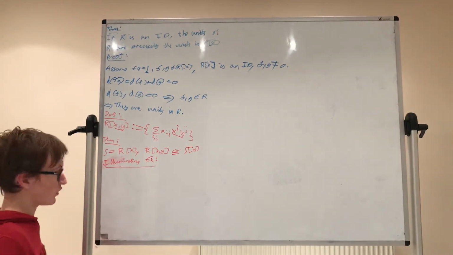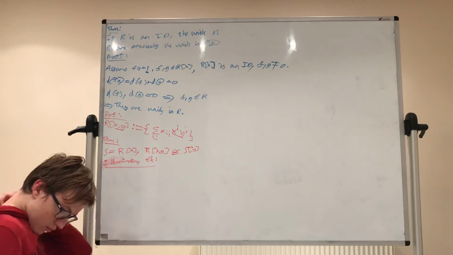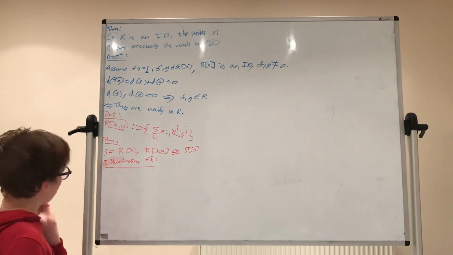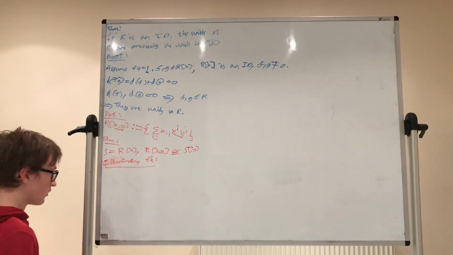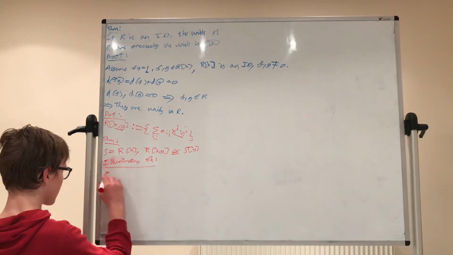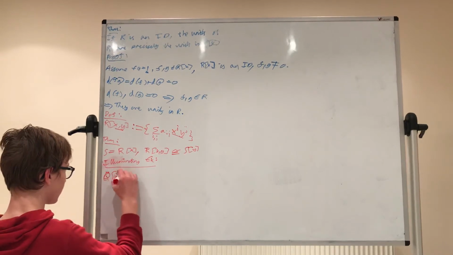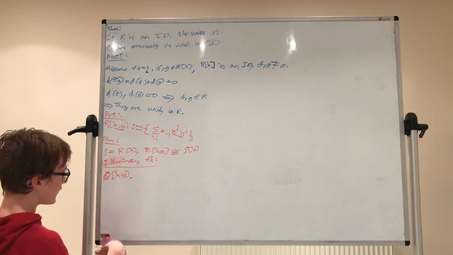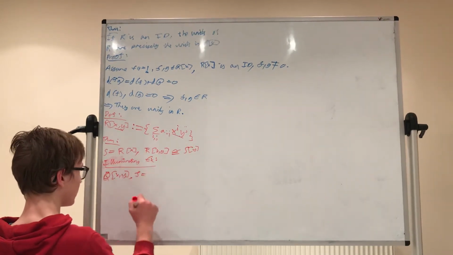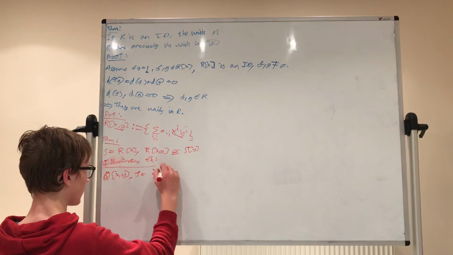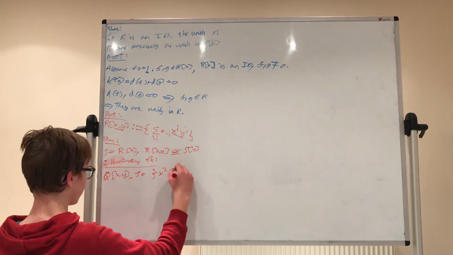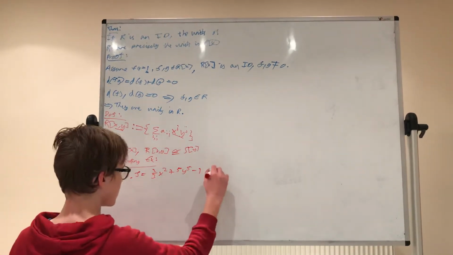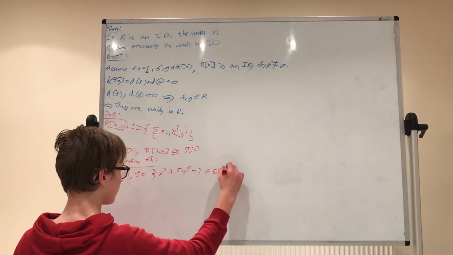Alright, so the illuminating example is, well, let's just take a look at Q, so the rationals of x and y, and let's have f equal to 2/3 x squared plus 5y to the 5th minus 1 be one of these.